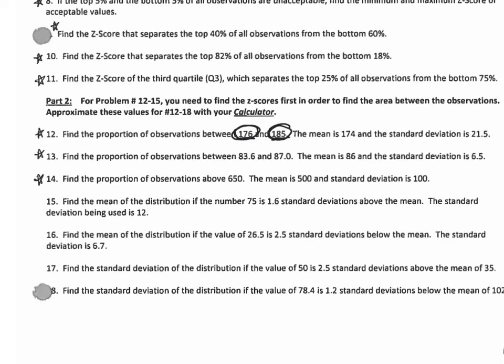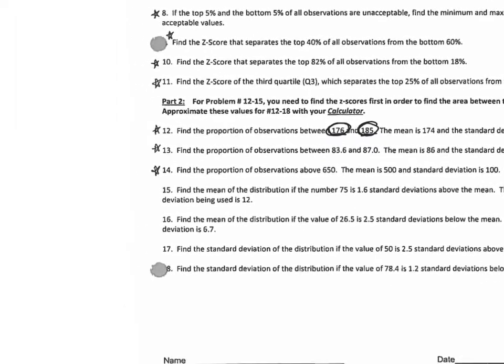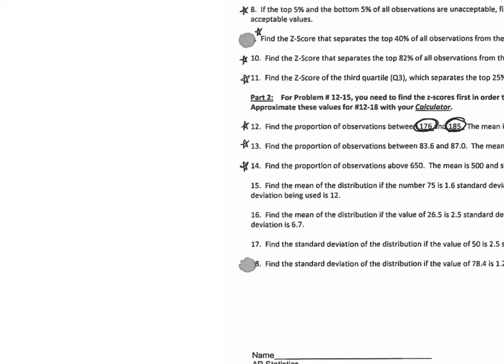If you go to your z-chart, you're going to find that those high values are not on there, because remember that a normal curve goes from -3 to +3 for the z values. So 176 and 185 are not z-scores.